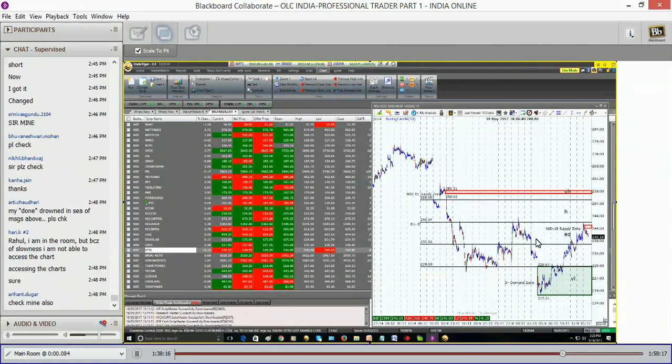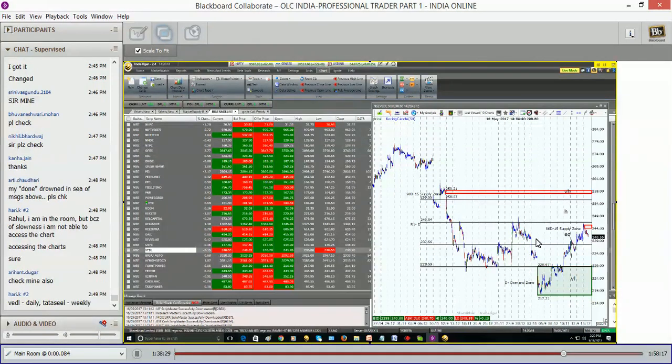Tata Steel. Is that the only zone, Bhuvaneshwari? Look carefully. Yes, Balaji, now I think you're on the right track. Nikhil, let's check.